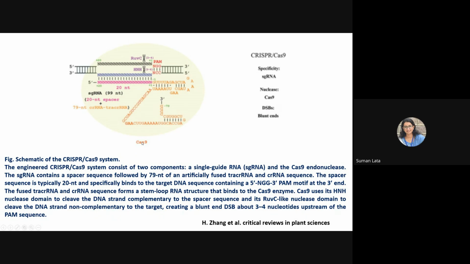The guide RNA is also called the spacer sequence. After this, there is a 79 nucleotide long region, which consists of the trans-activating CRISPR RNA and CRISPR RNA sequence.